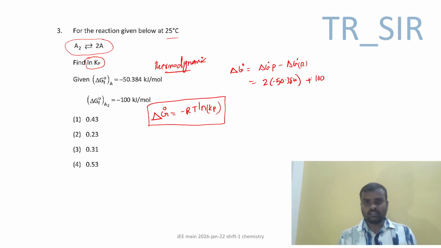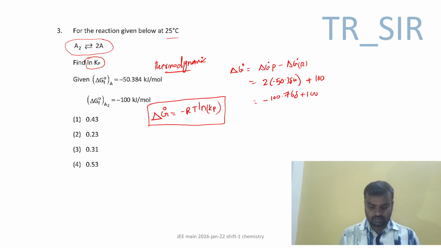After solving, let us calculate. 50.384 into 2, you are getting minus 100.768 plus 100. So subtract the 100, and you get 0.768 as the del G naught.